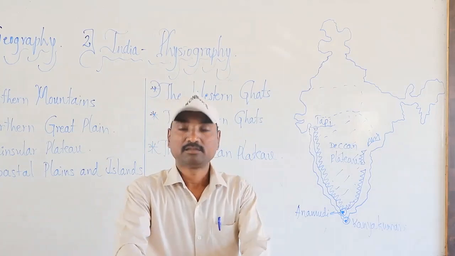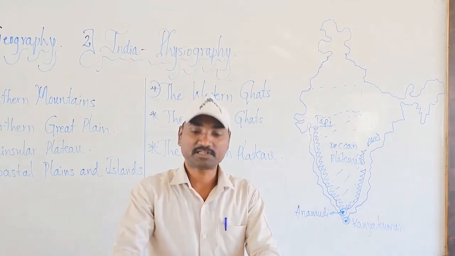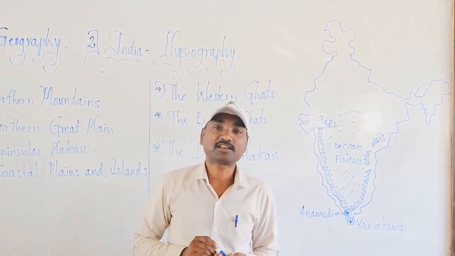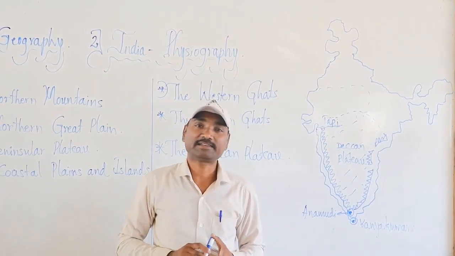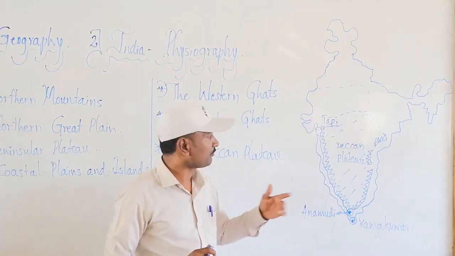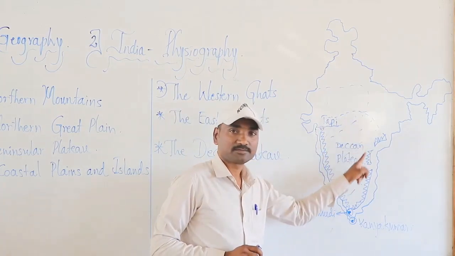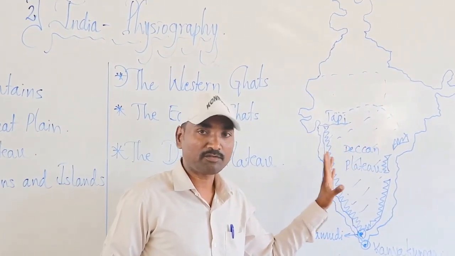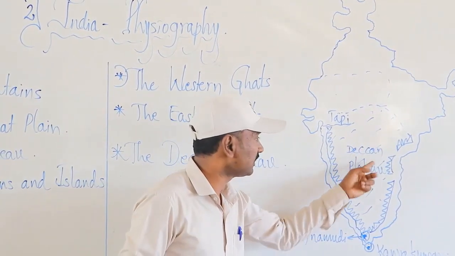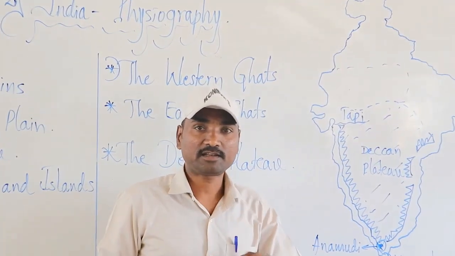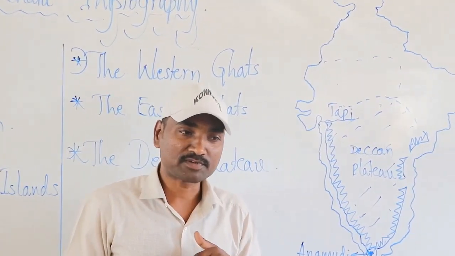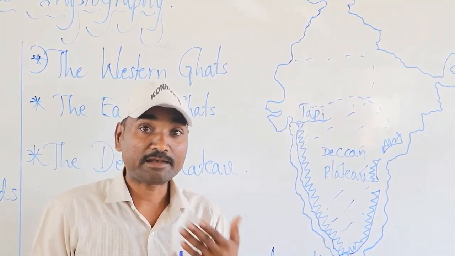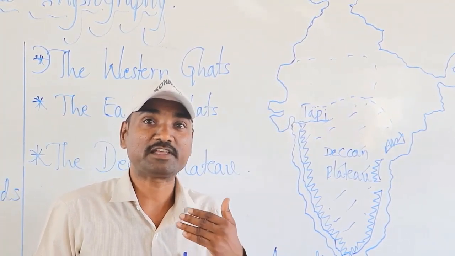Here a number of rivers take birth, which are useful for the generation of hydroelectricity. In the peninsular plateau, there are a number of waterfalls, especially in the Deccan Plateau. These waterfalls help to generate hydroelectricity.